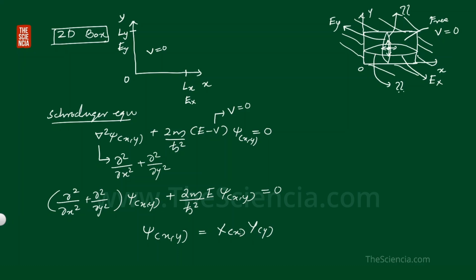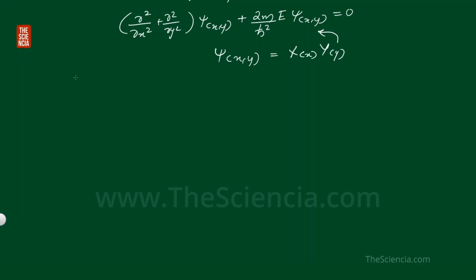So, I am separating the variables into two functions, X of x and Y of y, and substituting this in the position of psi of xy: dou square by dou x square plus dou square by dou y square into XY, plus 2m by h cross square E into XY is equal to 0.